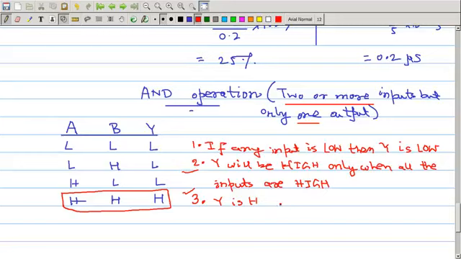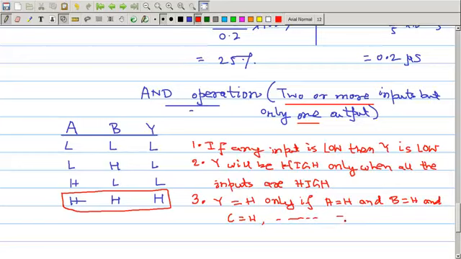Y is high, or it's better to write it this way: Y equals high only if A equals high and B equals high, and if you have some more, C equals high, and so on.